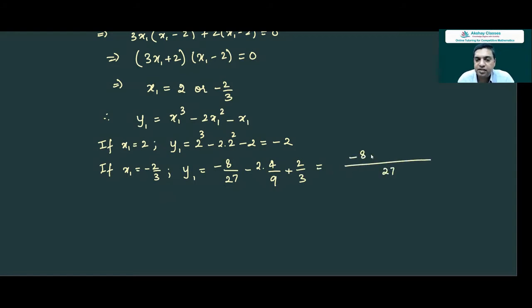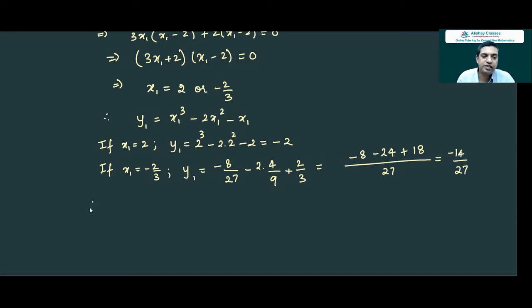27 minus 8, 9 into 3 is 27. So 4 into 3, 12 into 2, 24, plus 18. So we get -14/27.